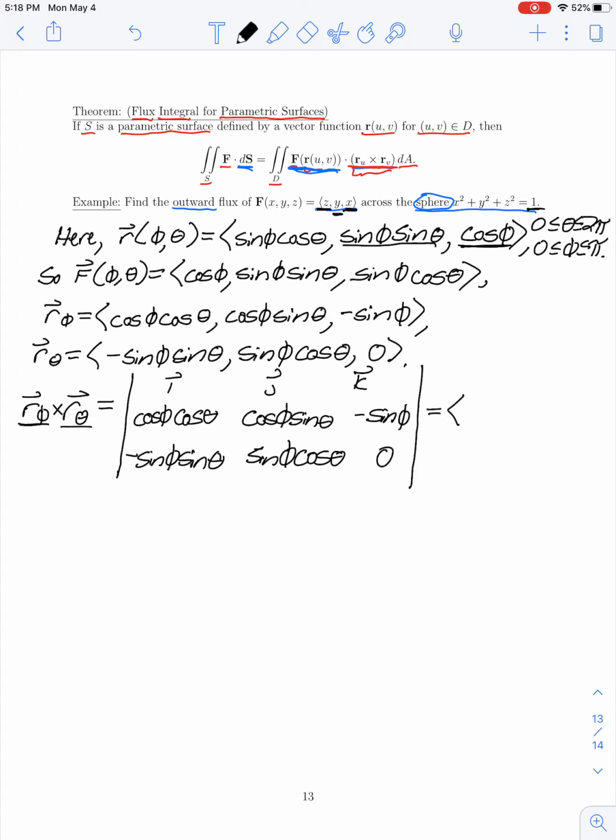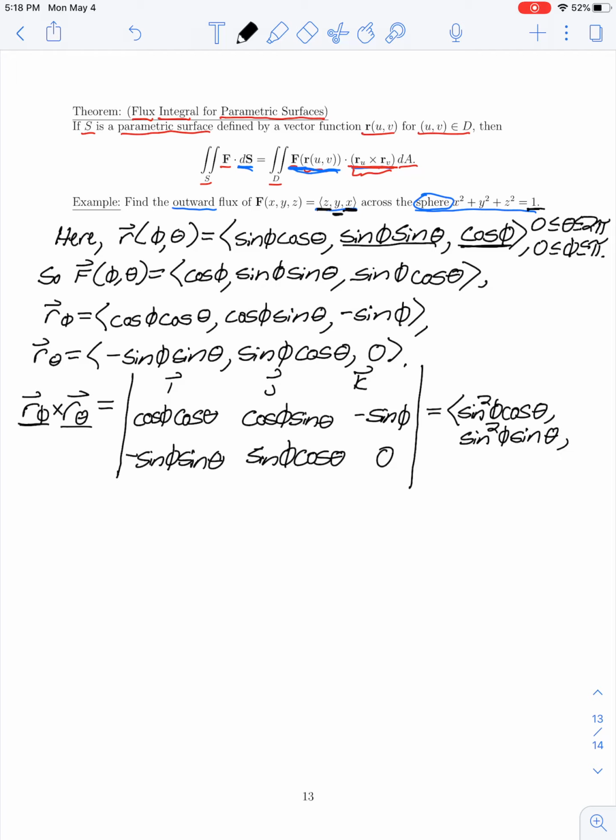Our first component, that is our i component, would be 0 minus a negative, so plus sine squared phi cosine theta. Our j component would be sine squared phi sine of theta minus 0. So here, sine squared phi sine of theta.